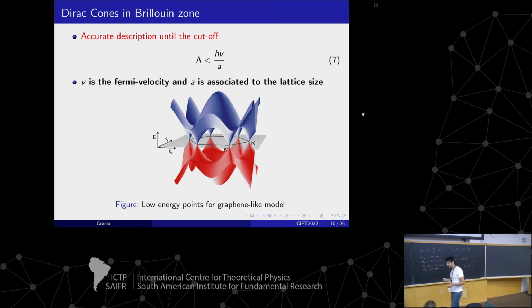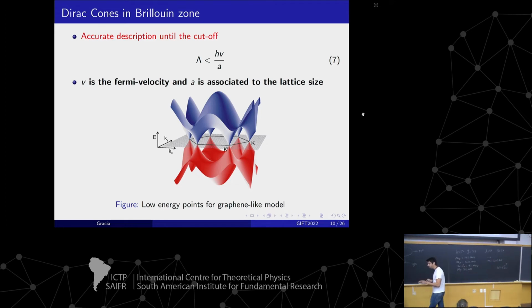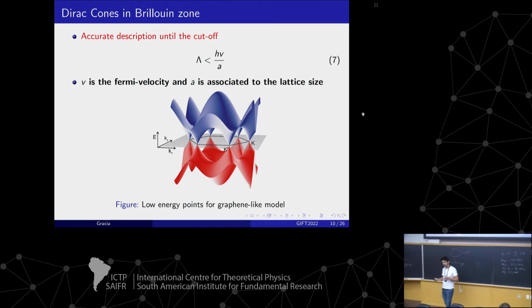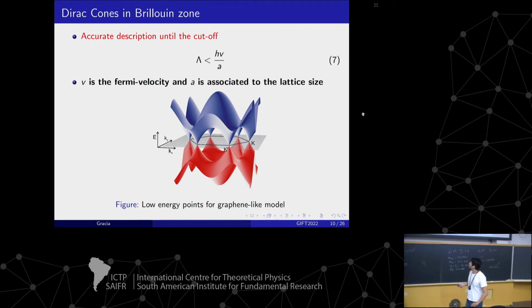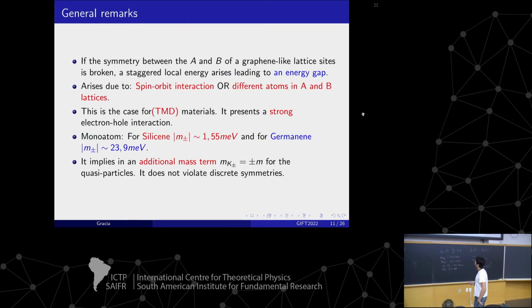Of course, we are trying to give a continuum representation, a discussion, for discrete lattice matter. Then it must be accurate. According to equation 7, we have an accurate description associated to this cutoff, which is related, of course, to the size of the lattice. Let's go ahead.